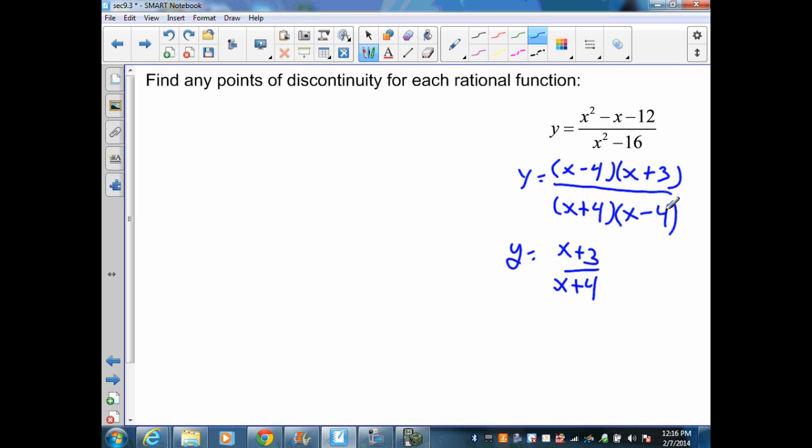So I need to find values of discontinuity. In other words, I need to set x plus 4 equal to 0. When I do and solve that, I get x equals negative 4. Since that doesn't get canceled out, that is my vertical asymptote.